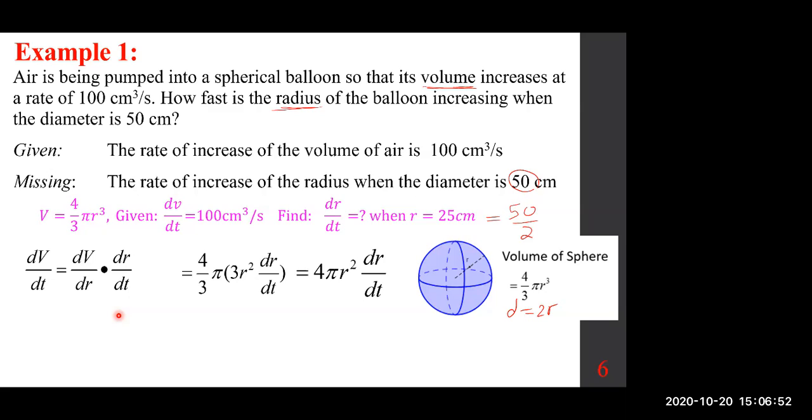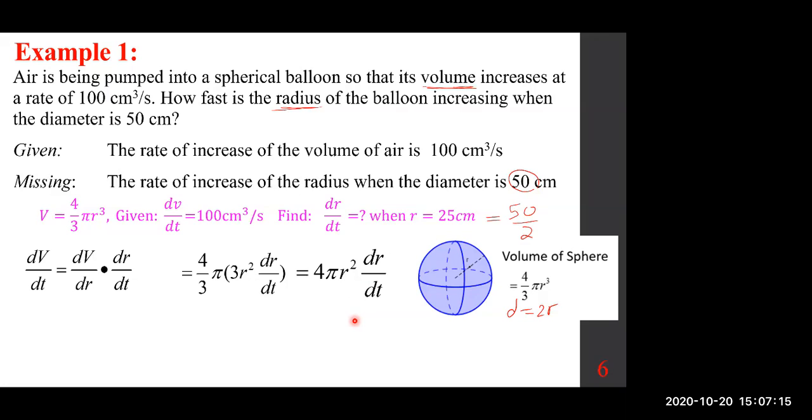Understand the left side is dV/dt, which is given, 100. And on the right side, pi is not missing, and r is given as 50/2 or 25. Find dr/dt. You have a choice: plug in and calculate, or you can solve for dr/dt.